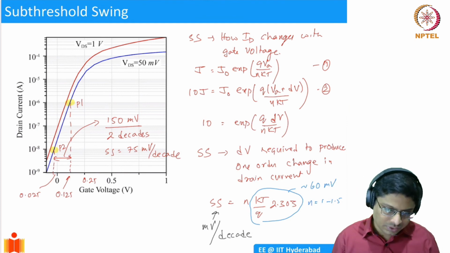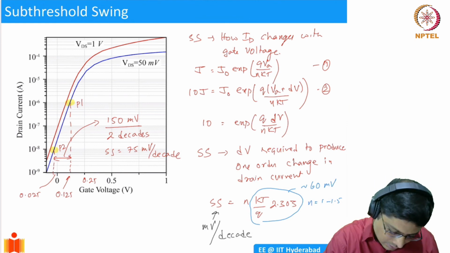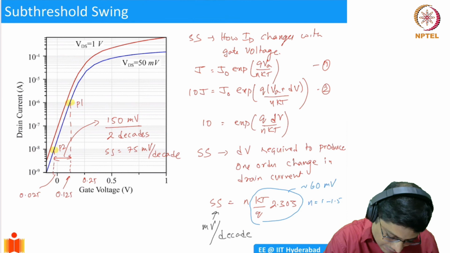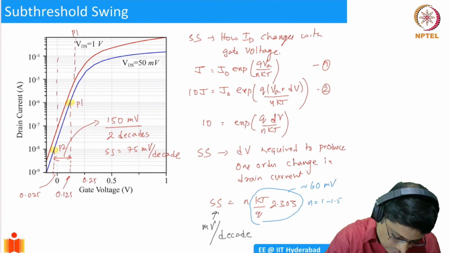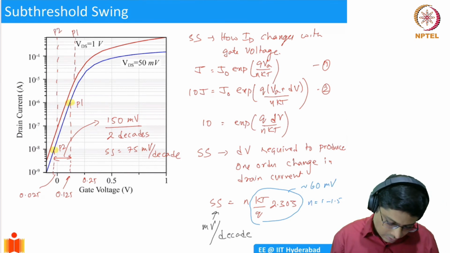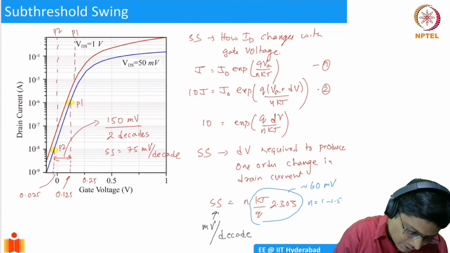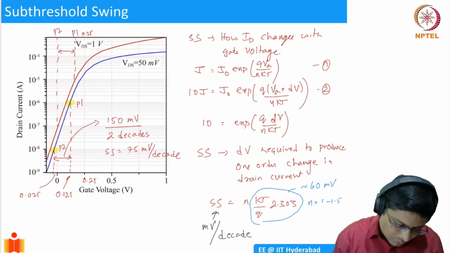Similarly, you could do one more problem wherein you take the red curve now. Let's say I'll take 10 power minus 5 as the first point, P1, and then I'll take maybe this point as P2. This distance is definitely greater than 0.125.